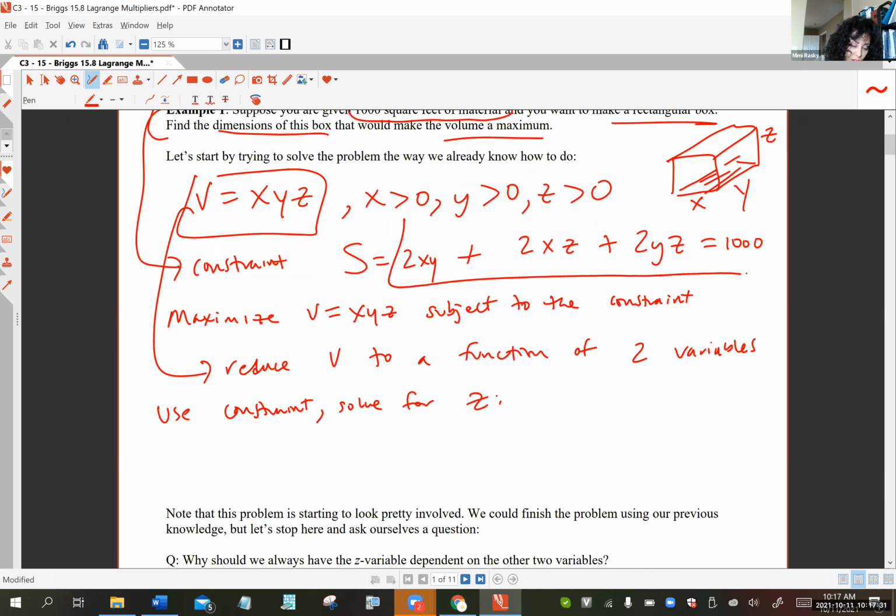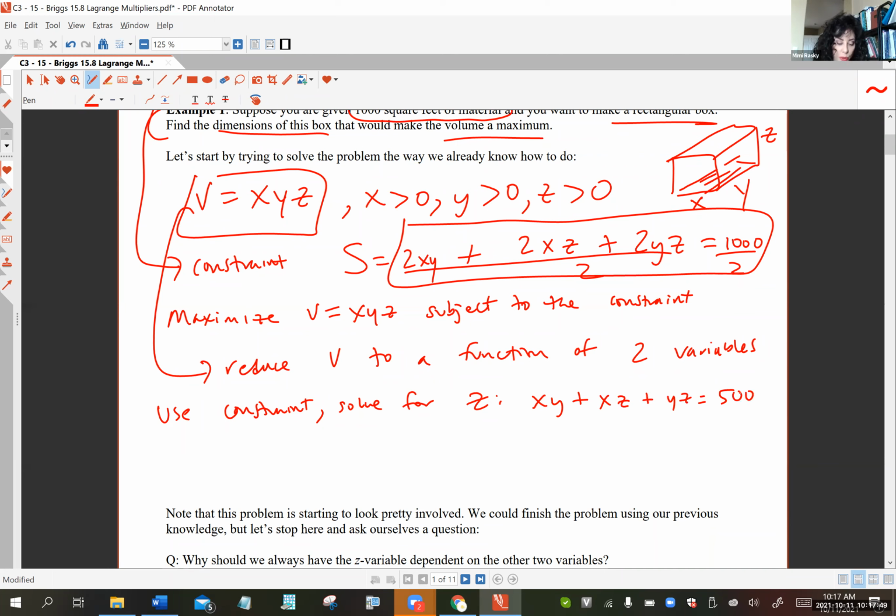Okay, so here's your constraint. How would you solve that for z? Well, first I'm going to divide both sides by 2 just so I can reduce the equation itself. So I'm going to have xy plus xz plus yz equals 500, the same thing as what we had before.